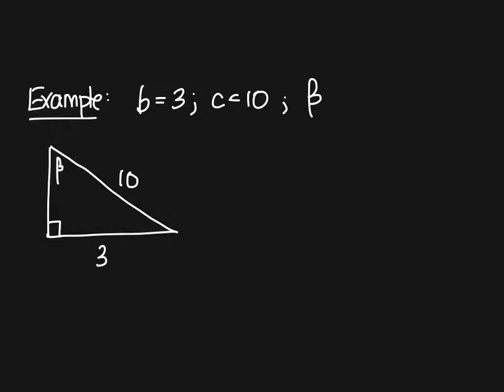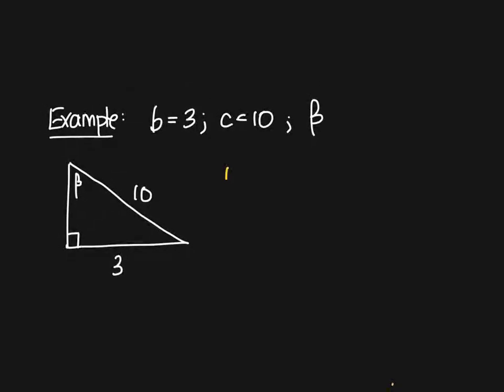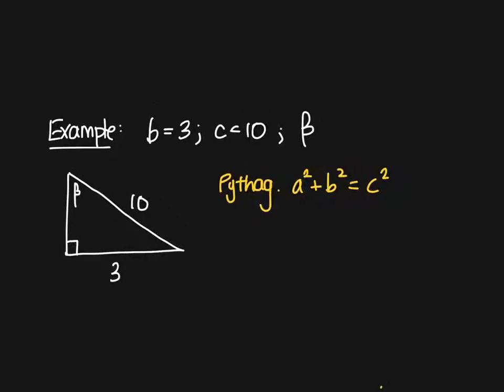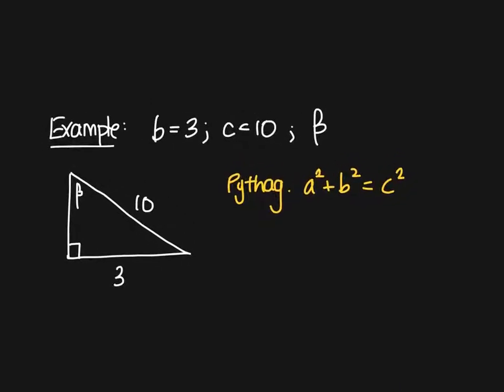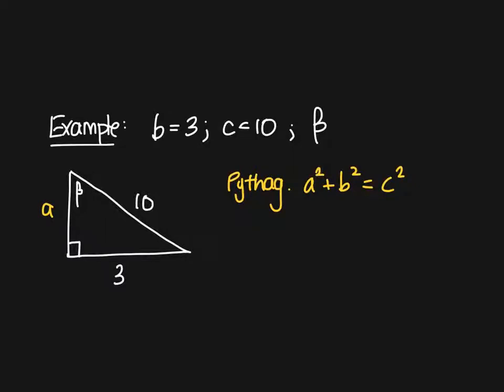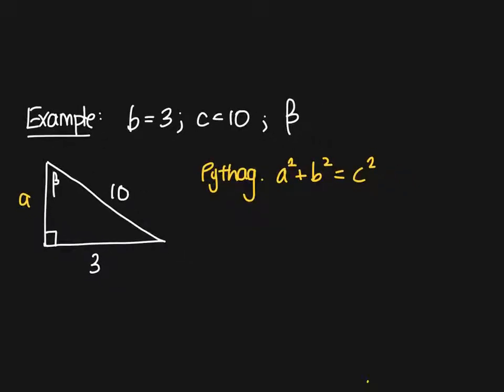So I'm going to have to do a little timeout from my SOHCAHTOA trig, and I need to go back to Pythagoras. So I'll go back to Pythagorean, which says a squared plus b squared equals c squared, because the a part is the part that I'm missing. That variable a goes on that left-hand side. So I don't know a squared. I do know b squared is 3 squared, and then c squared is 10 squared.